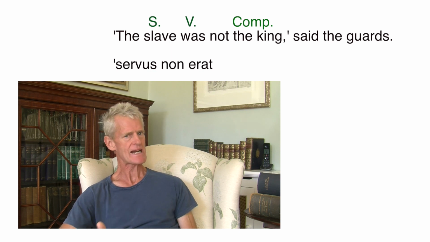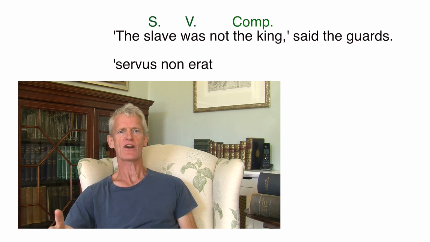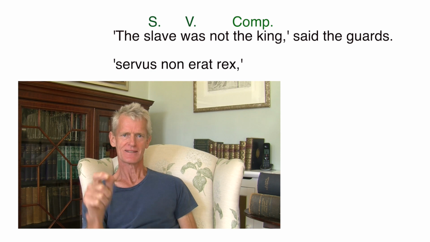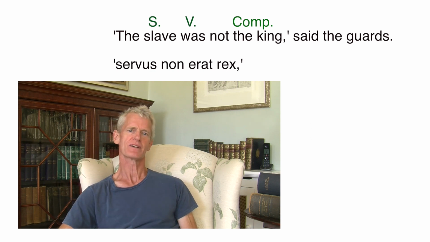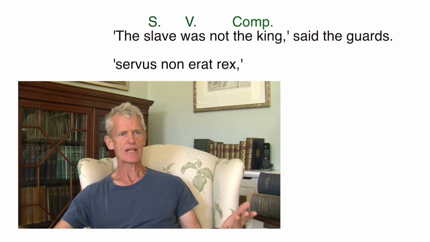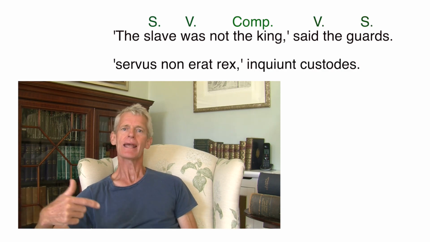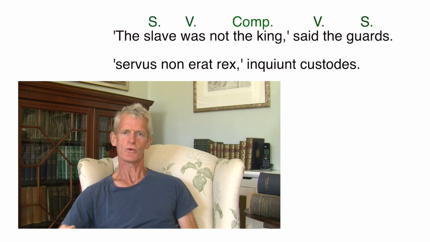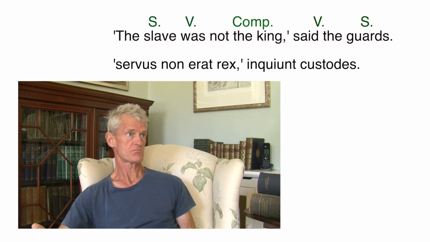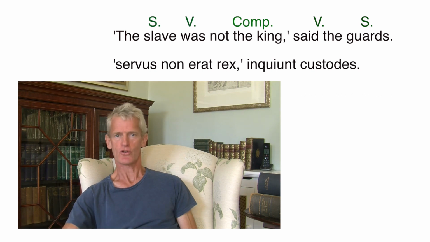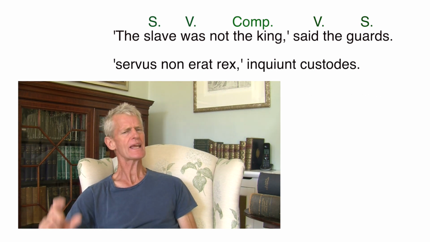So, servus non erat rex. That word rex is in the nominative case agreeing with servus. And then again you've got "said the guards," inquiunt custodes. Or you could have said maybe dixerunt for "said." Inquiunt would be slightly better.